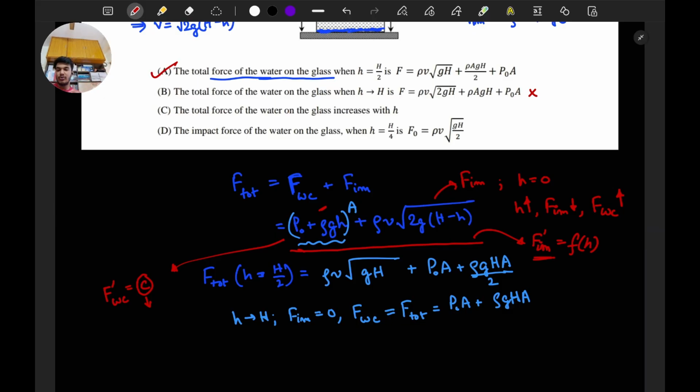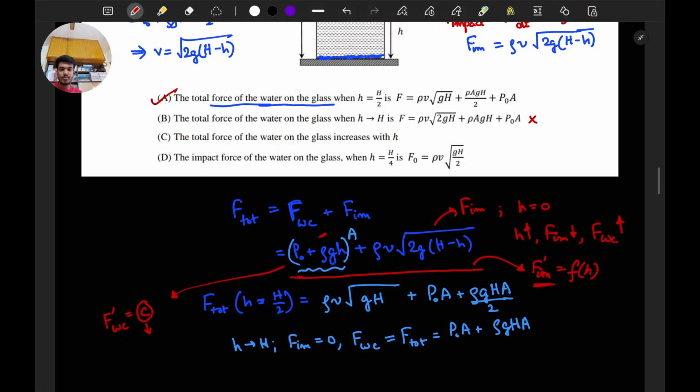What I mean to say is that initially the force of the water on the glass would be increasing, because it is primarily dominated by the force of impact generated due to the falling water. But as soon as the force of impact starts reducing, the rate of decrease of force of impact would soon be equal to the rate of increase of the water pressure due to the water column.